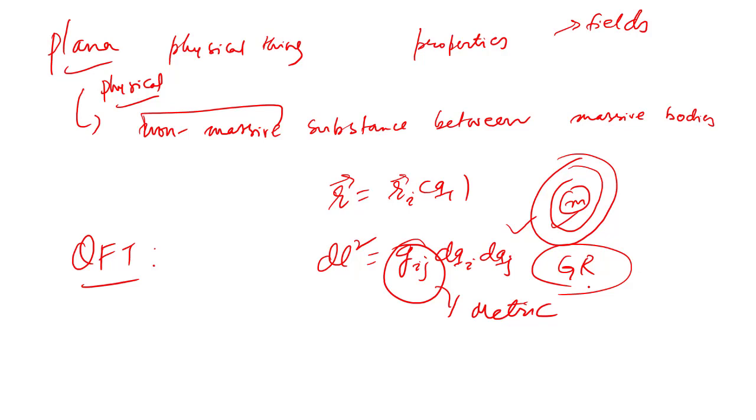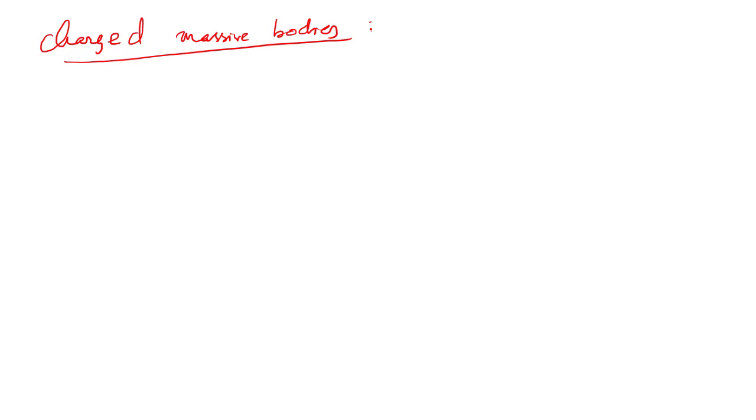Okay, so now let's look at charges, because we're going to be studying charges. So instead of calling them charges, we will call them properly what they are. They are charged massive bodies. What do we mean by this? We mean that if I take a massive body, charge is a property of that massive body.